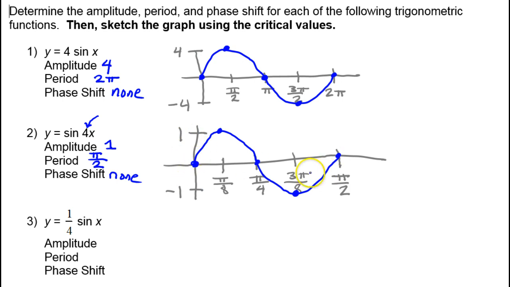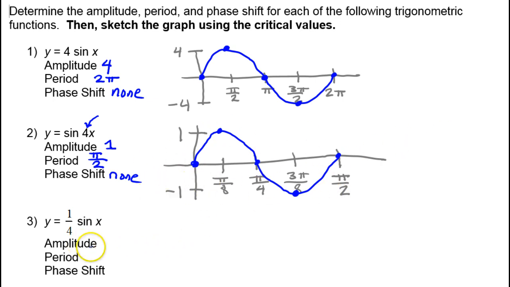What's changing is the scale. So you'll see that very often, that the graph will look the same, but what's changing is it's really only going up to 1 and down to -1 instead of, for example, 4 and -4. And instead of going to 2 pi like it did before, really this is pi over 2, even though it looks the same.